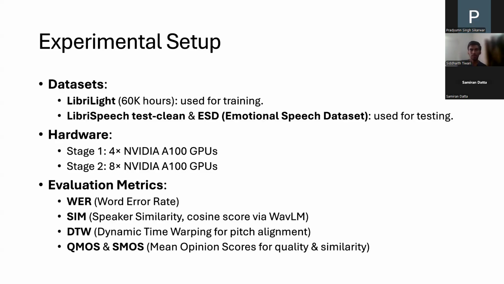In the second stage, the prosody latent language model PLLM and the duration model were trained on 8 A100 GPUs with a batch size of 4,000 tokens per GPU. The training was run for 6 lakh steps in stage 1 and 3 lakh steps in stage 2, using the widely used Adam optimizer.